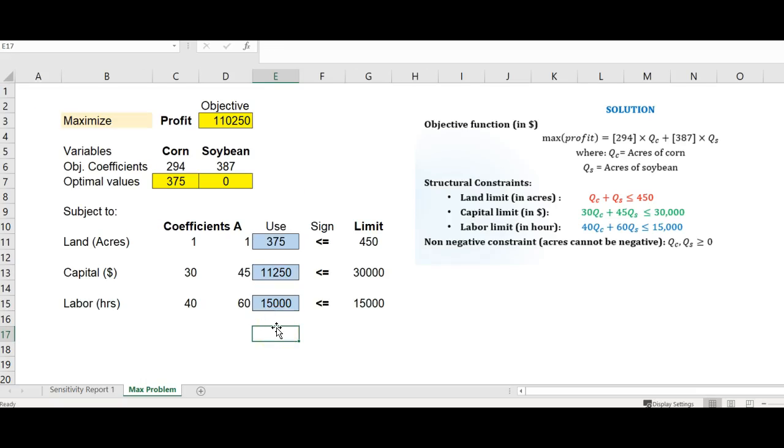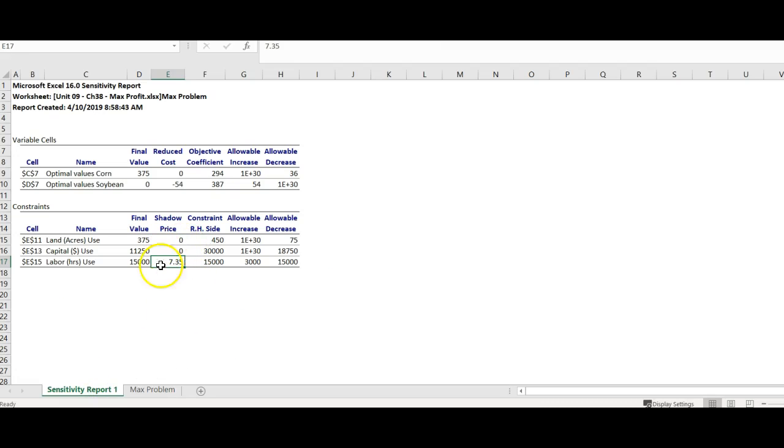This is important valuable information because, for example, if we know that potentially increasing 1 hour of labor can provide $7.35 more, this means that depending on the state, we could actually hire labor and still get profits.